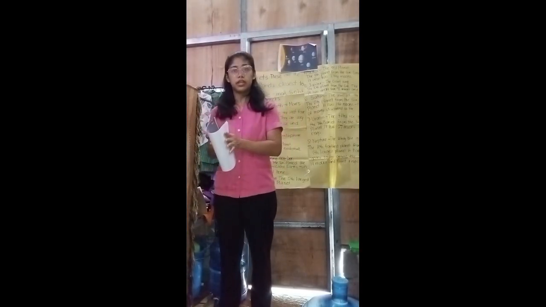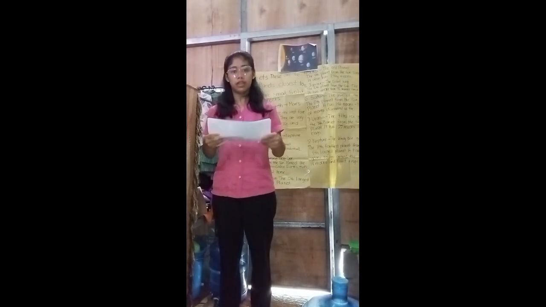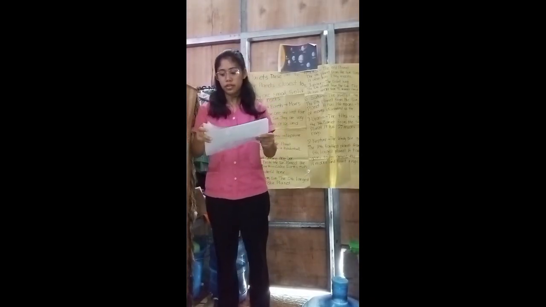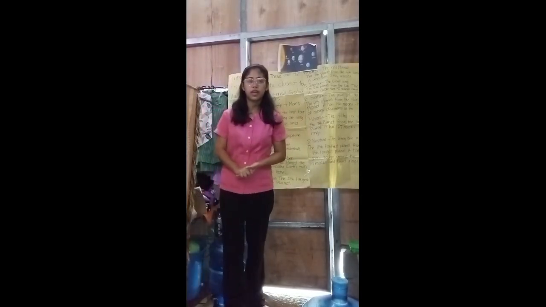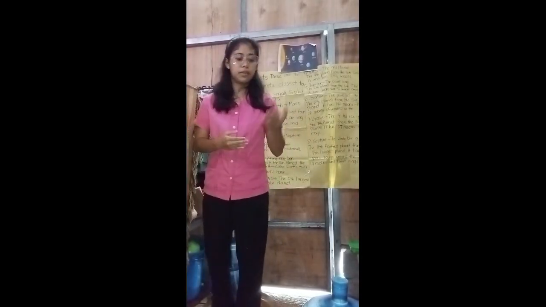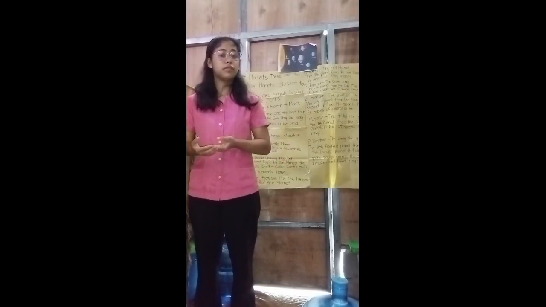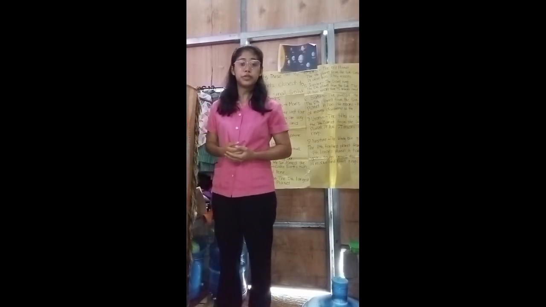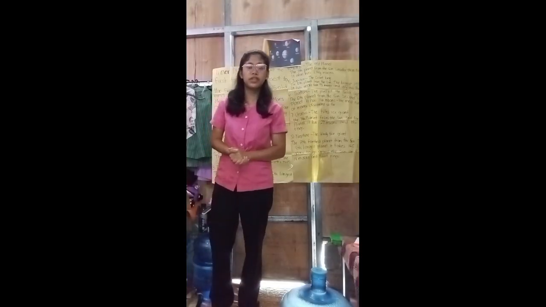You are 30 in this classroom, so you will group yourselves into 10 groups. I will give you each of these, okay? Now, the photo you have will help guide you throughout our discussion. Are we done, class?